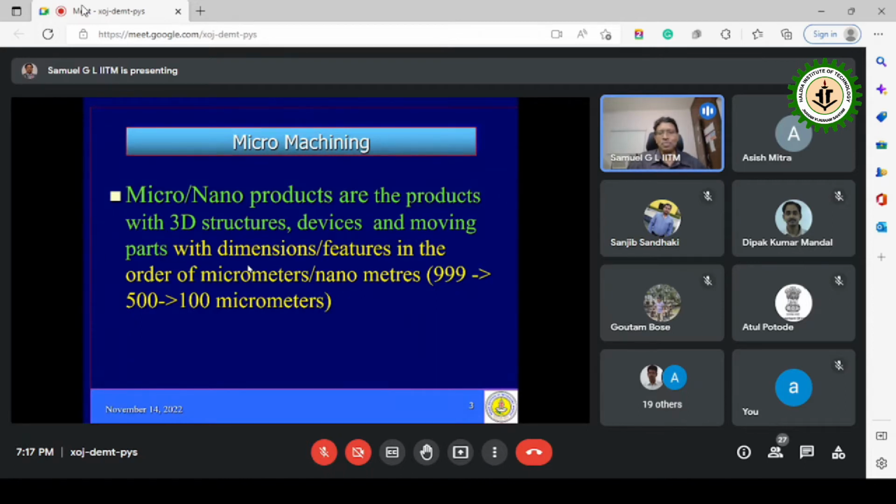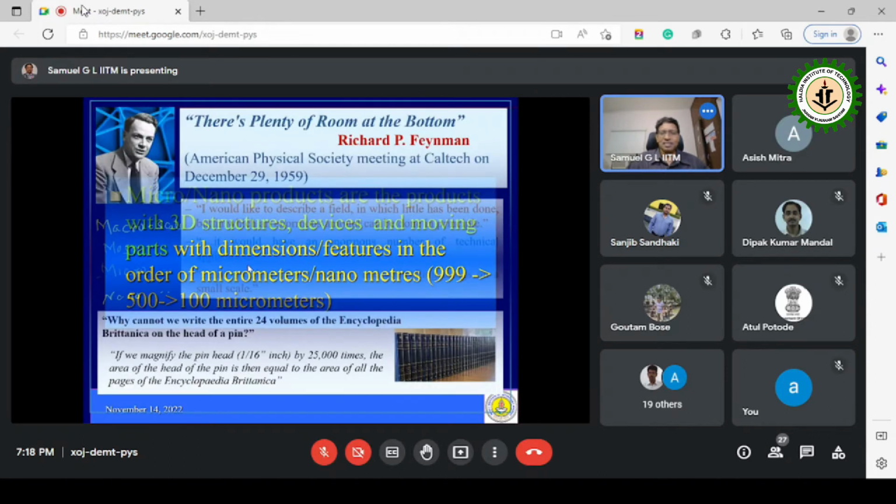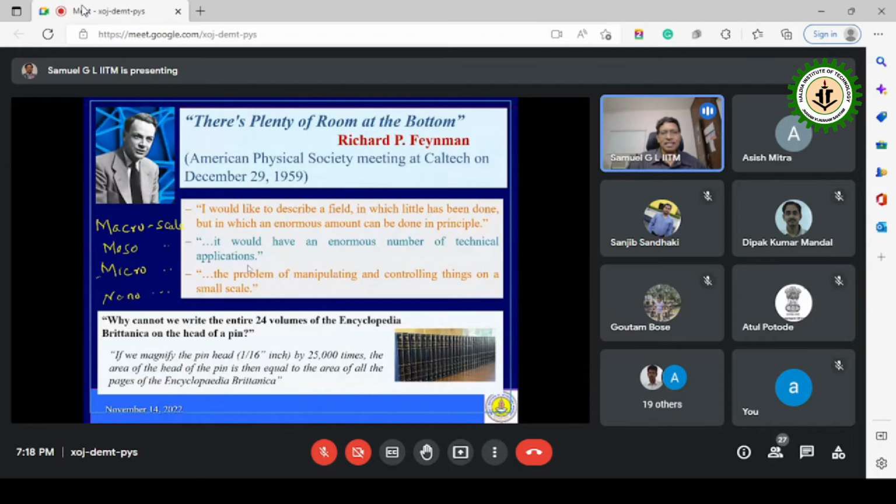Now people are saying that even 500 micrometers is large, so we'll move down to 100 micrometers or so. Thus, we find that the scales have been coming down and we are able to make products in meso. The scales can be put as macro, meso, micro, and nano. And then later we are going to move on to angstrom units.